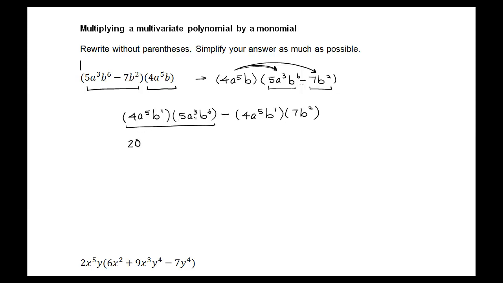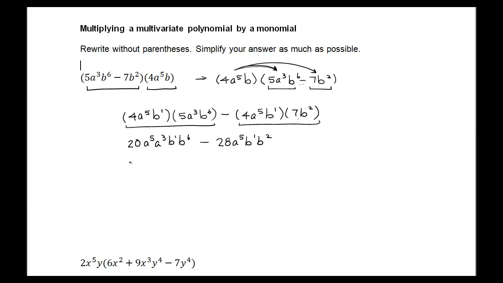And I'm going to group my variable parts together. So I have a to the 5th, a cubed, b to the 1, b to the 6th, minus, and I have this group here, so I have a 28. 4 times 7 is 28. A to the 5th, this guy doesn't have an a variable, but I have b to the 1, b squared.